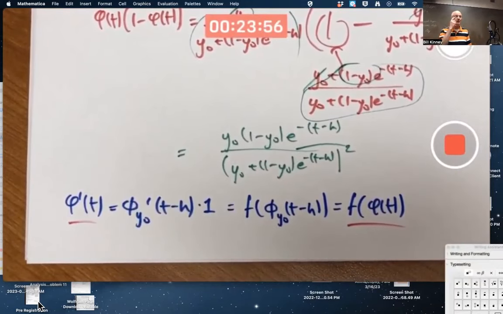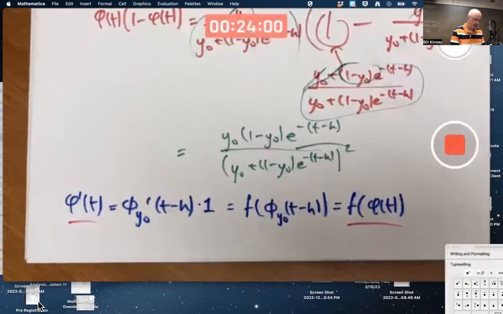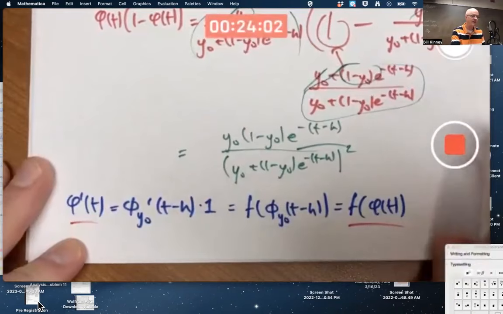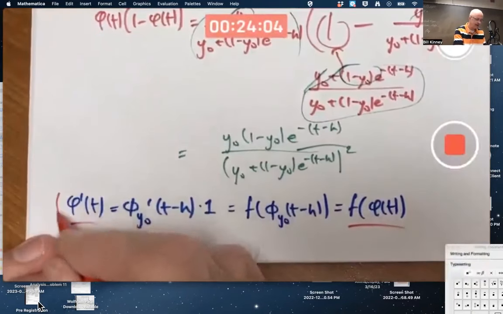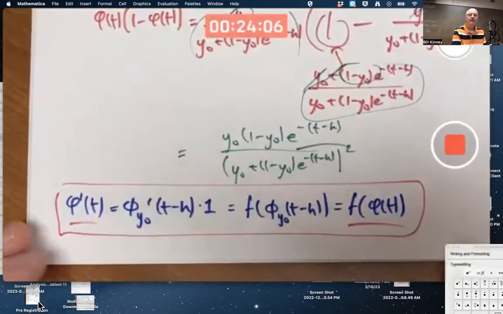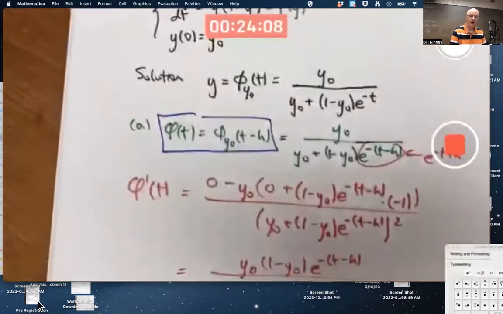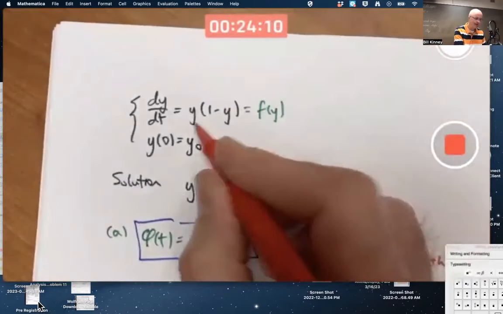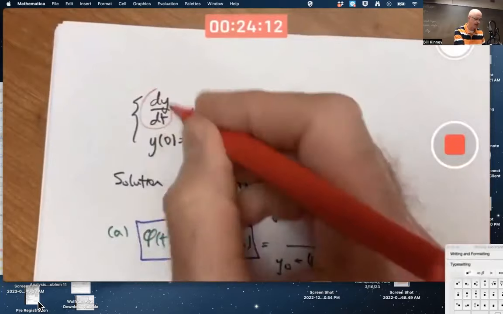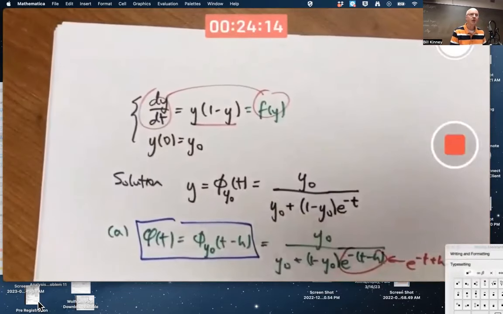That's very powerful. I can explain. What this is essentially doing is it's showing that for autonomous differential equations, I didn't even use that expression there. I just used the fact that it was autonomous. dy dt equals f of y.